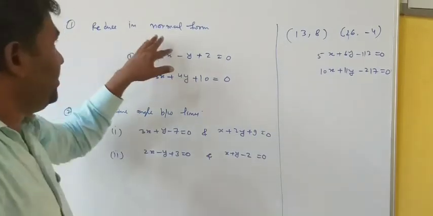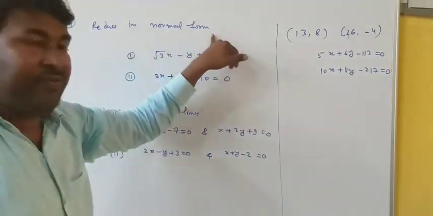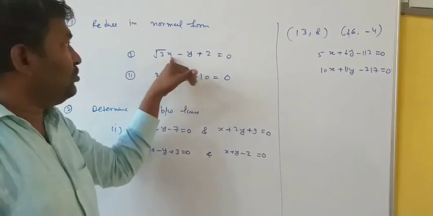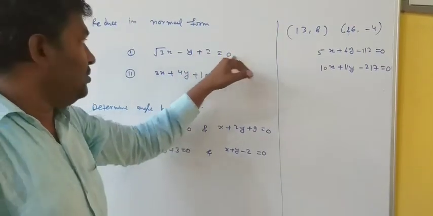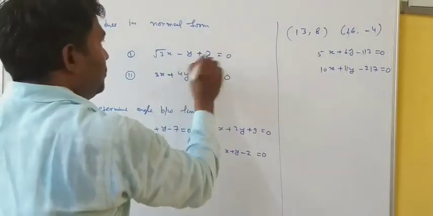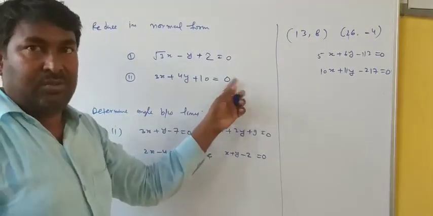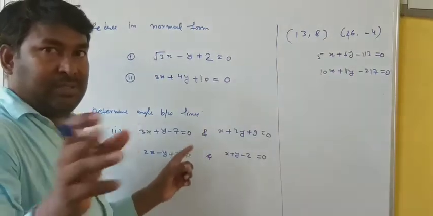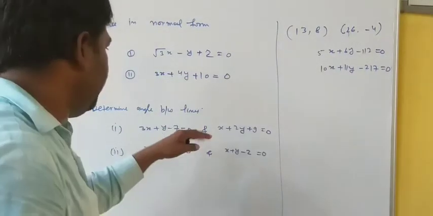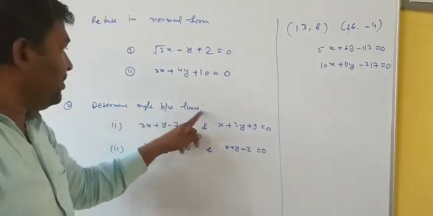Some numericals, my dear students. Reduce to normal form. The first question is 3x minus y plus 2 is equal to 0, and thereafter 3x plus 4y plus 10 is equal to 0. You have to reduce it to normal form, as I have already explained. Then determine the angle between lines.